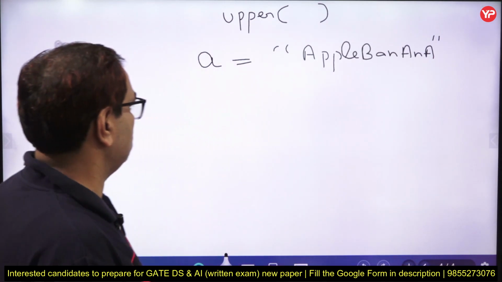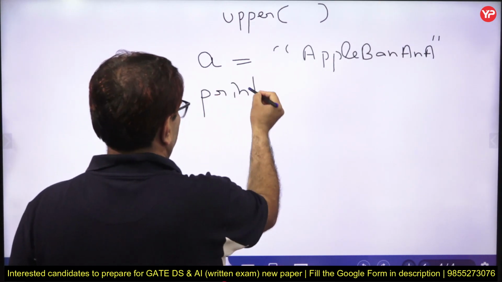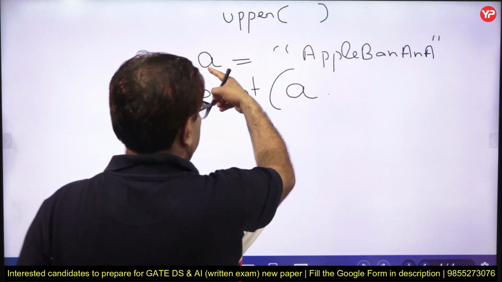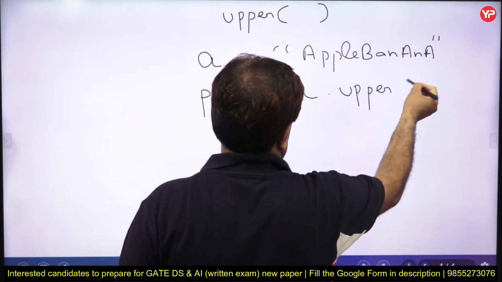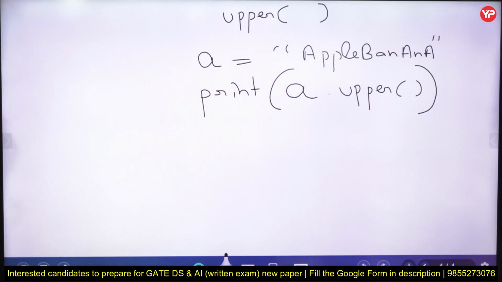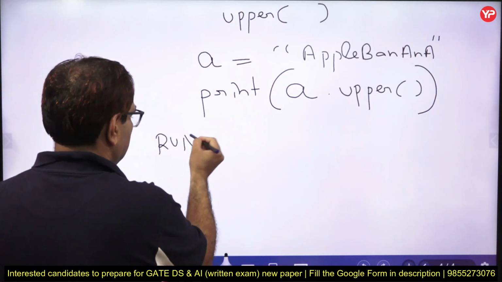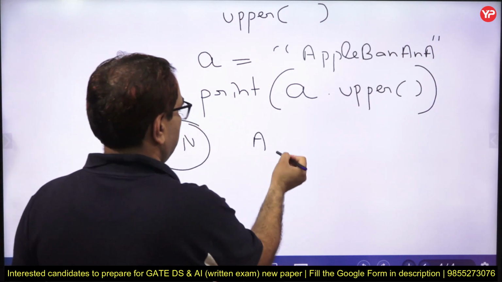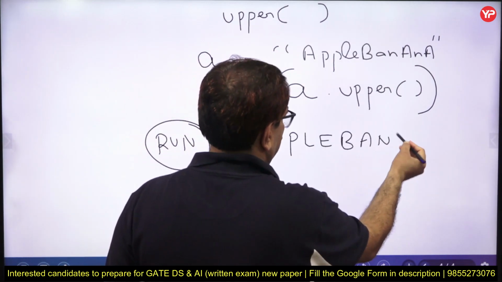So we can simply write print, then a, which is the string, dot upper, and then the brackets. If you run this code, what will you get? On running, you will get A P P L E B A N A N A.